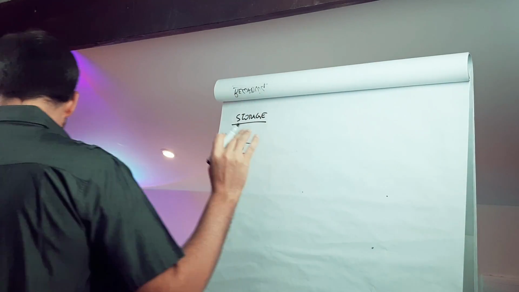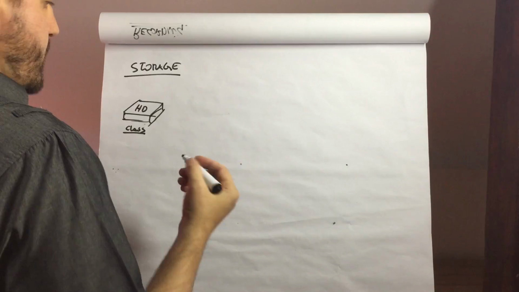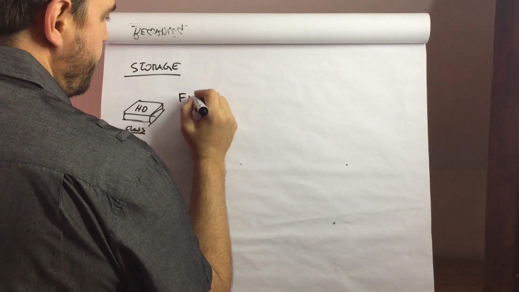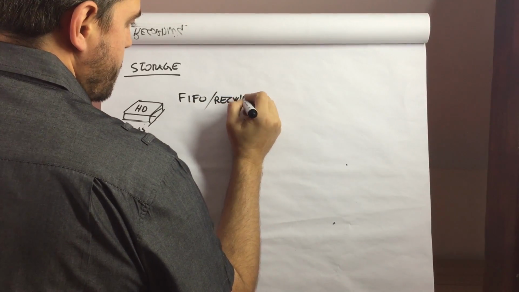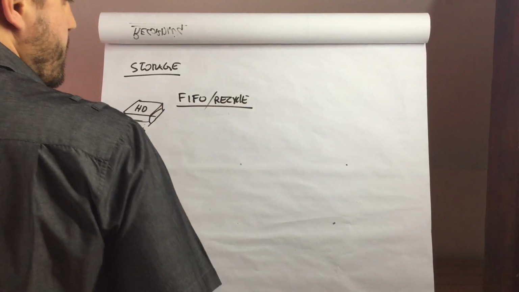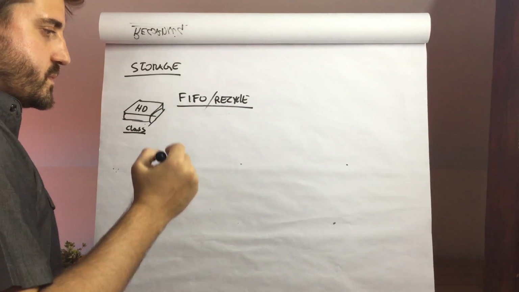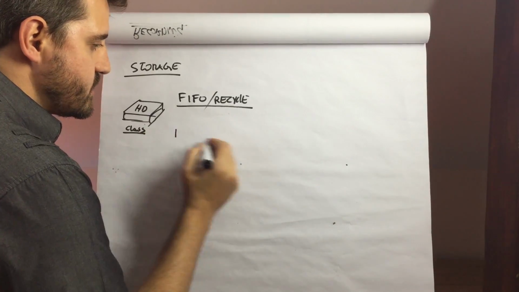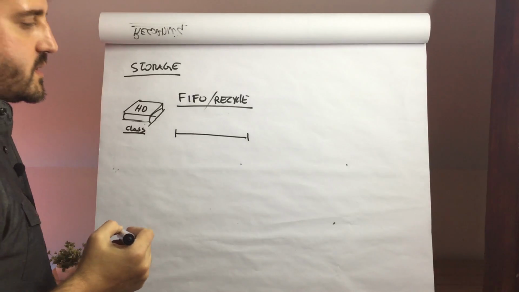Okay, so let's talk about the storage types. We have the FIFO, or recycle. What does this type of recording do? Let's assume that here is the hard drive size.